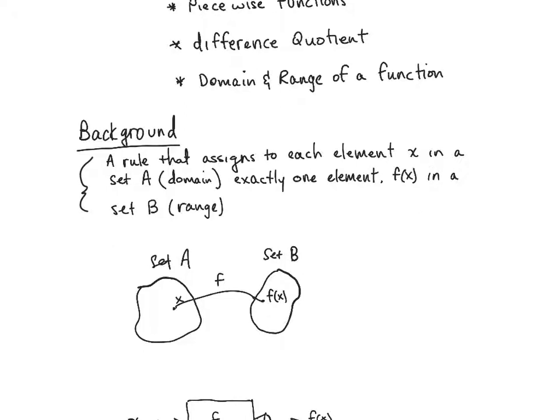But you may have heard the phrase also, a function is a rule that assigns for each input exactly one output. You can think about it like that. The key here that's really important is exactly one output. So for each input, this rule assigns exactly one output.